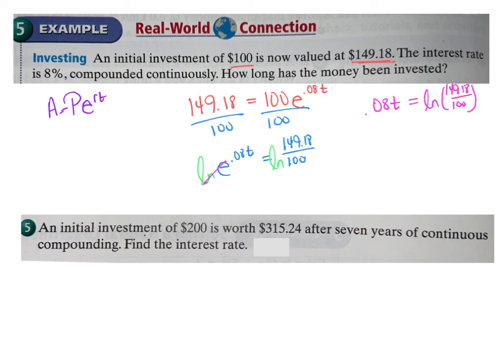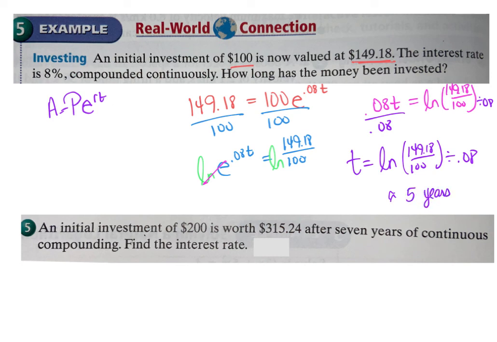And then I can divide both of those by 0.08. So time is going to equal the natural log of 149.18 over 100 divided by 0.08. They round to the nearest number of years, so 5 years is how long it has been invested.